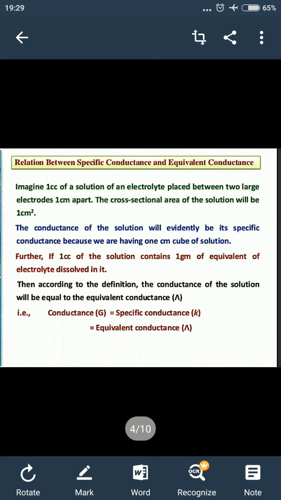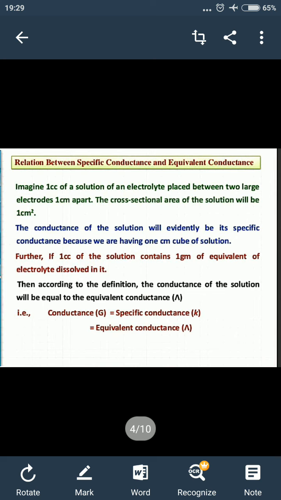Now we come to relation between specific conductance and equivalent conductance. Imagine 1 cc of a solution of an electrolyte is placed between two large electrodes which are 1 centimeter apart. The area of cross section of solution will be 1 centimeter square. The conductance of the solution will evidently be its specific conductance because we are having 1 cc of the solution.